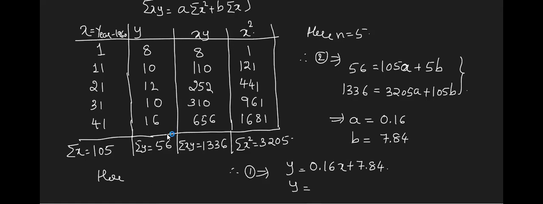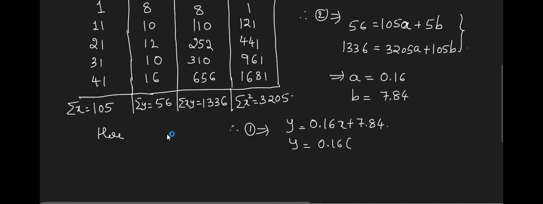So this is 0.16. This is no doubt the production, correct? This is not the last answer. Why? Because here we have taken production as y, but what is my x? Is my x the year? No. What is this? Year minus 1960.